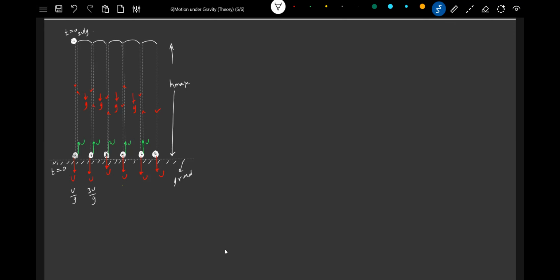By the time it comes here, 4u/g. Then it will descend, 6u/g. Then this will be 7u/g. Like this and so on. So t equal to 0 will be this one.